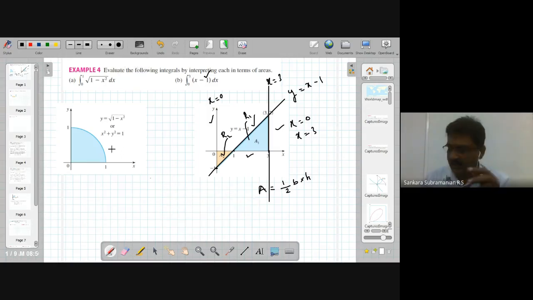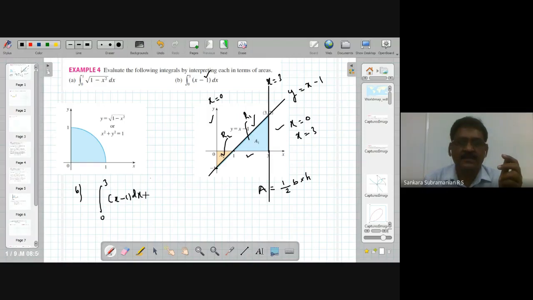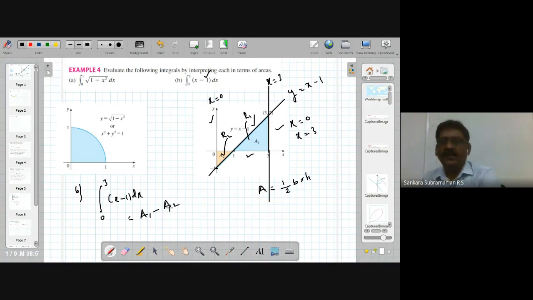Now, for the solution of problem B, the integral over the limits 0 to 3 of x minus 1 dx, from the inspection of the diagram, I can find that A1 is bigger, the positive area is bigger, and the negative area is smaller. So A1 minus A2.